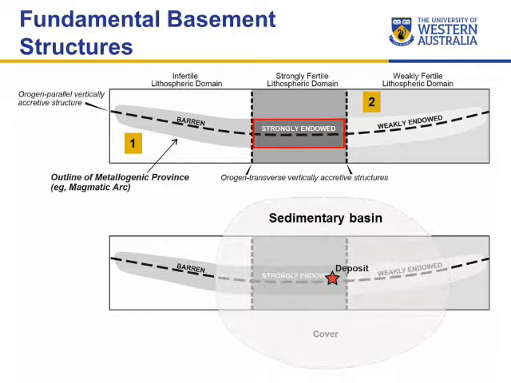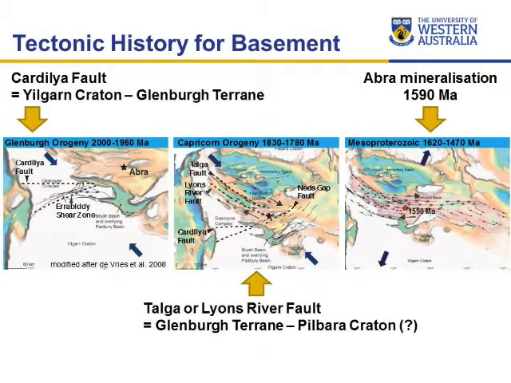The whole area where Abra is situated, the basement has a tectonic history spanning over 2 billion years before formation of Abra, and some major fault zones are in the region: the Cordelia Fault, which is perceived as a structure between the Yilgarn Craton and Glenburn terrain, and then the Talga or Lions River Fault, depending who you ask, which could be a structure between Glenburn terrain and the Pilbara Craton.